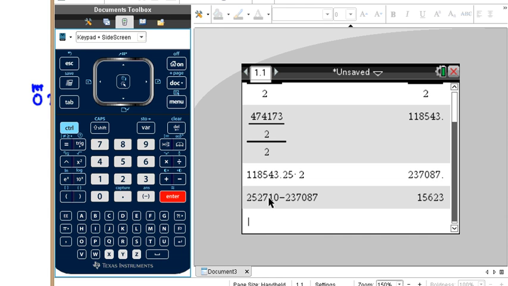So this is going to be our value for C, which is how far from the center of the ellipse the focus is: 15,623 miles.